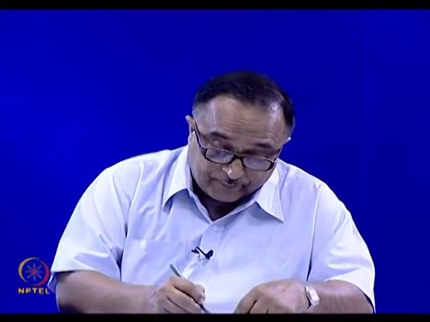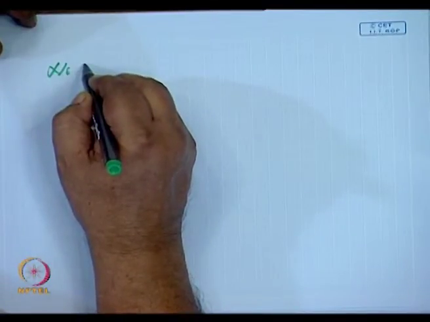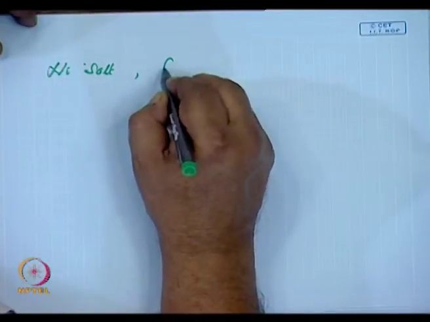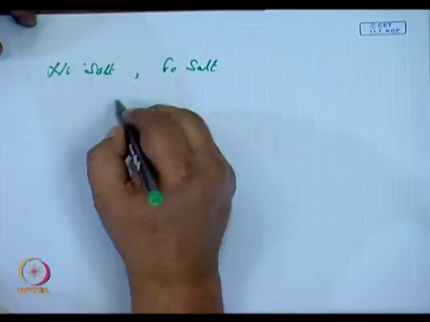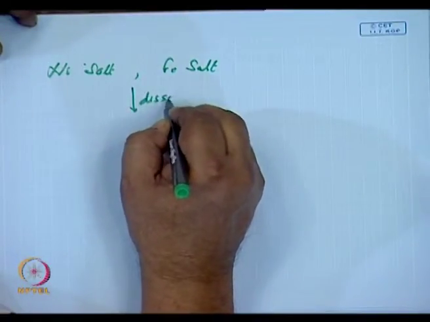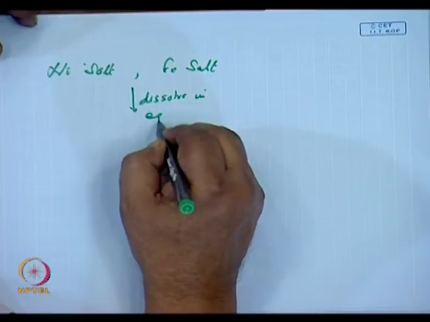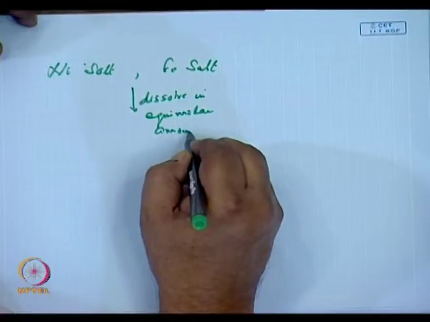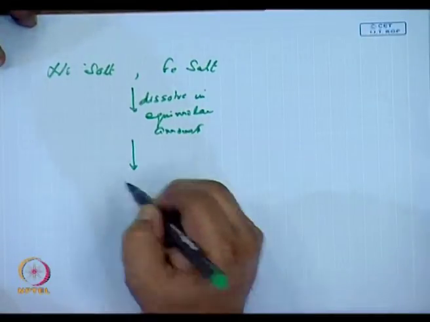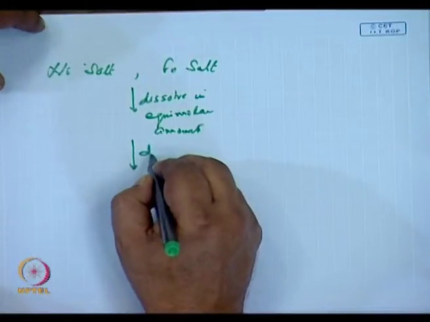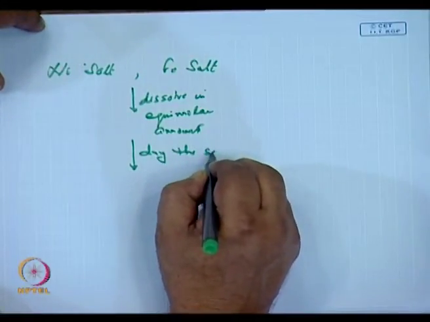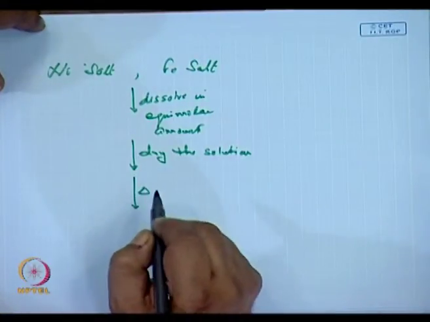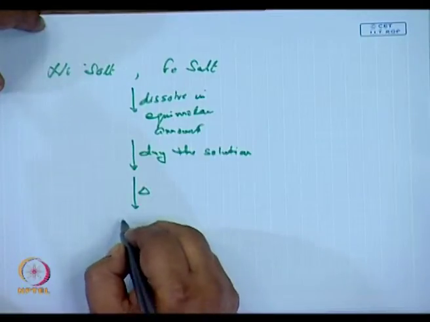Let's say the question might come is, why don't you take nickel salt, take iron salt, dissolve them in equimolar amounts, dry the solution, and then fire to get the mixed oxide.